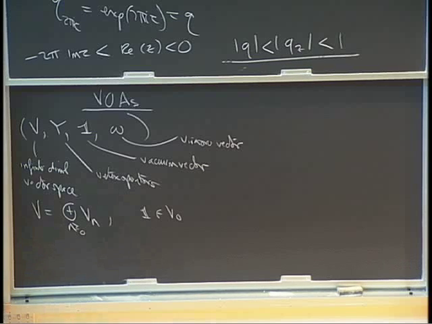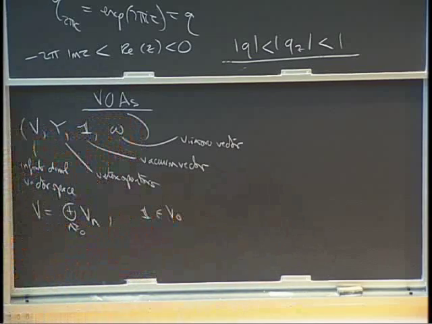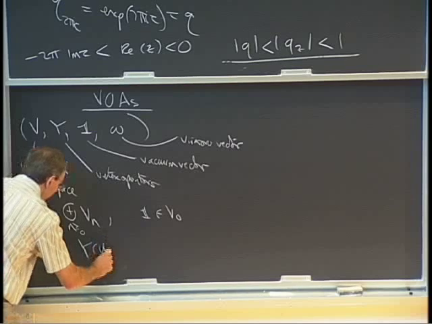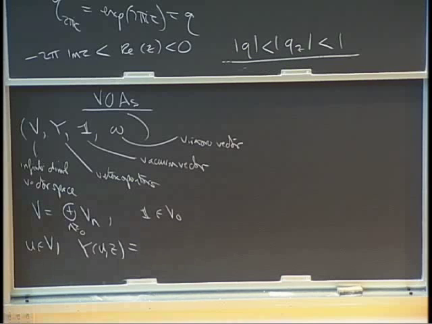And associated with each vector in this vector space is a vertex operator, which is a way of gathering together an infinite set of linear operators acting on the vector space. So for u in V, we have Y(u, z). In this context, z is a formal variable, but later on when we actually apply these things, we'll see that we're going to get elliptic functions of various kinds.